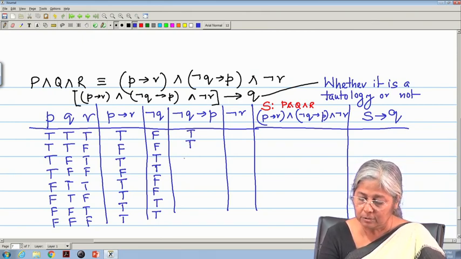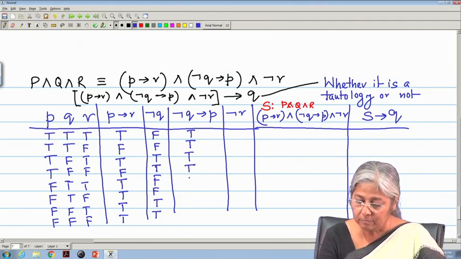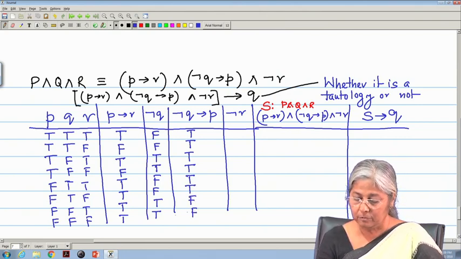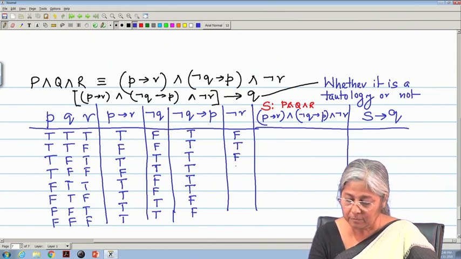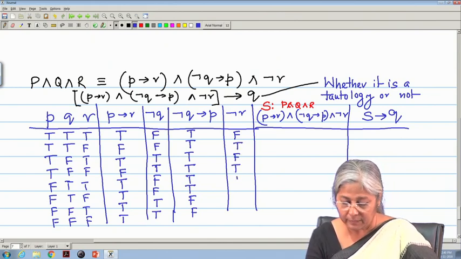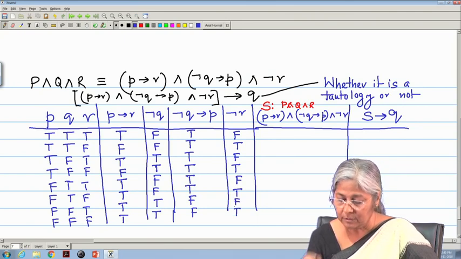Now, T T are true, again vacuously true, and then these two are false. What is negation R? Negation R is F, T, F, T, F, T, F, T.